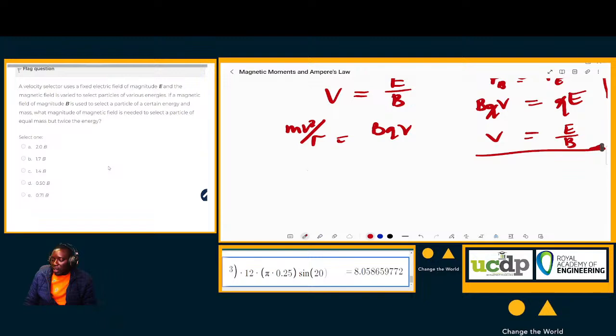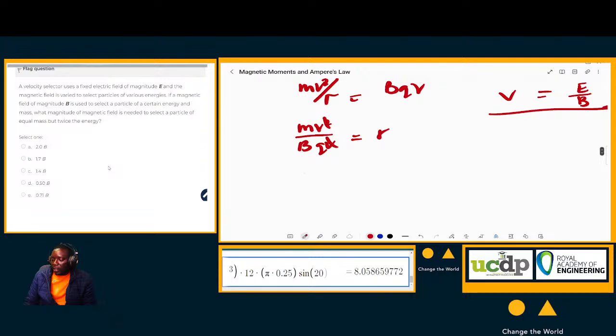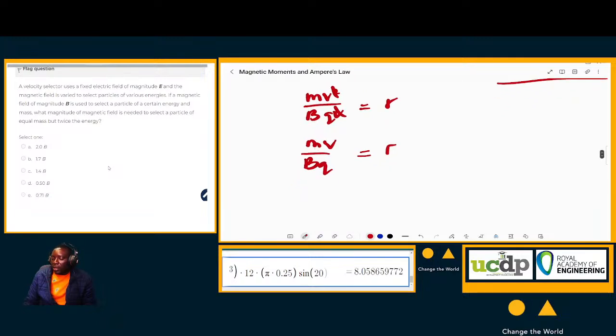Then that means we can make r the subject with mv squared over BQV equals r. And we remove the v's, then mv over BQ equals r. So already you can see the m over q there, and the B will be constant.